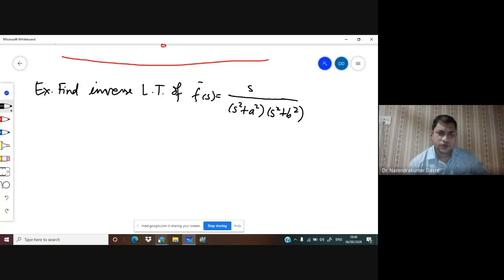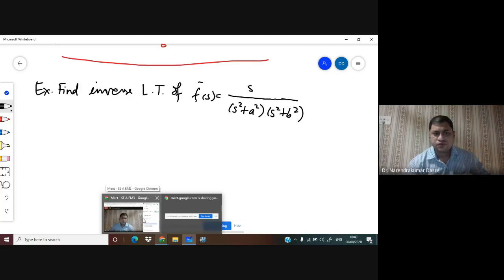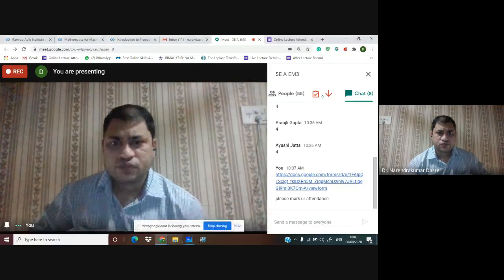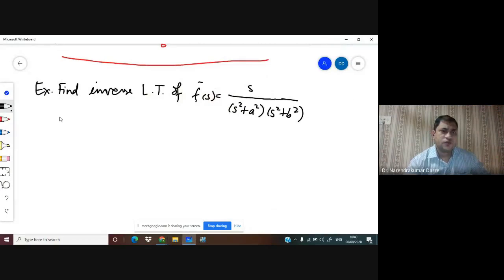So that's what we have. Okay, so we'll try this problem using the convolution theorem.